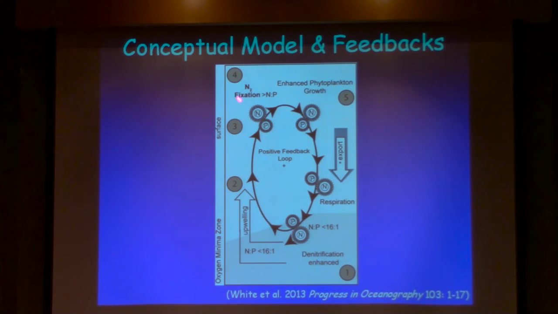But that nitrate is resupplied through nitrogen fixation, which adds that N to P ratio back, enhances phytoplankton respiration, and it comes back down, and denitrification will be enhanced. So it's sort of this Gaia hypothesis where it's balancing. And the balance seems to be through this constancy or the maintenance of this N to P ratio on a basin-wide or ocean-wide scale through time.